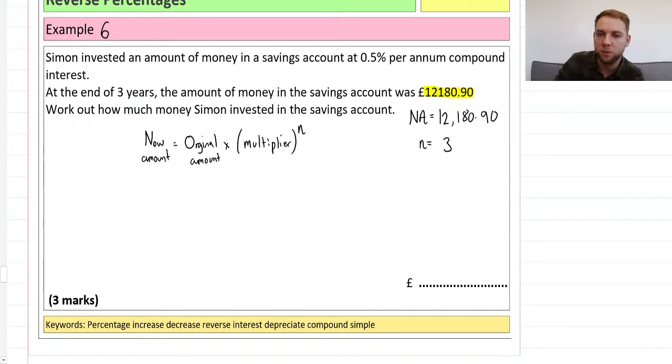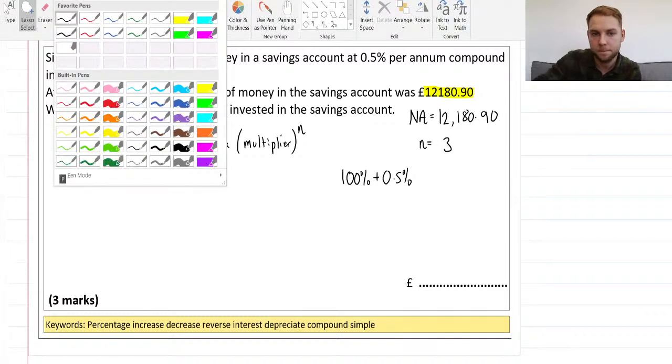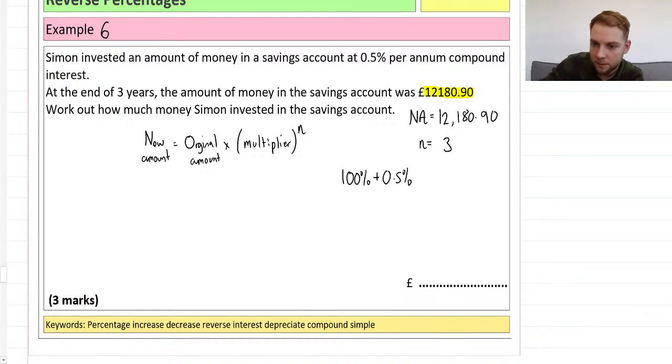So, my multiplier. Now 0.5%, be careful with that. That means my multiplier is going to be 100% plus 0.5%, which is equal to 100.5%.